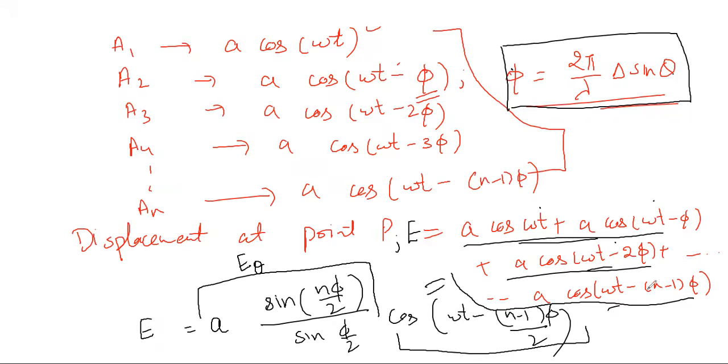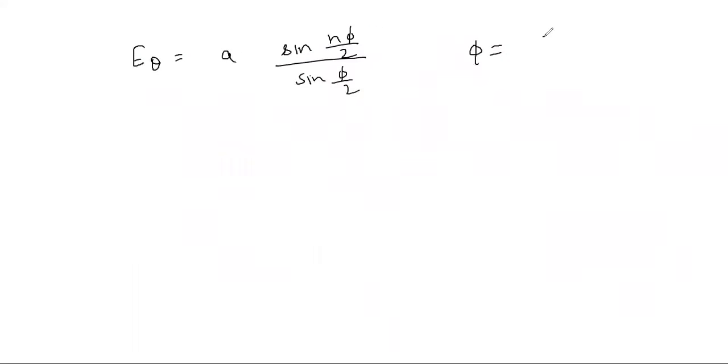E theta, we said, is equal to A sin(nφ/2) over sin(φ/2), where phi we defined as 2π by lambda into delta sin theta.